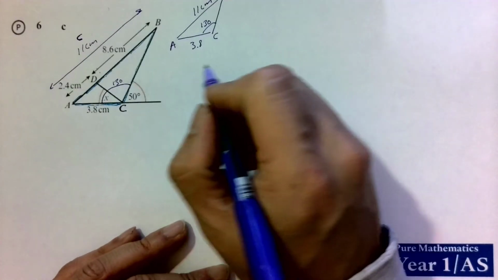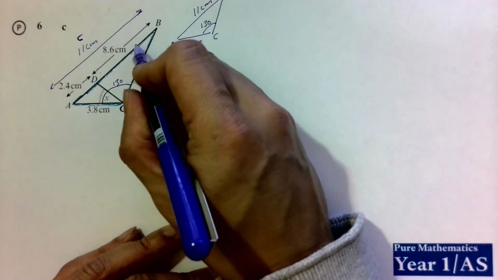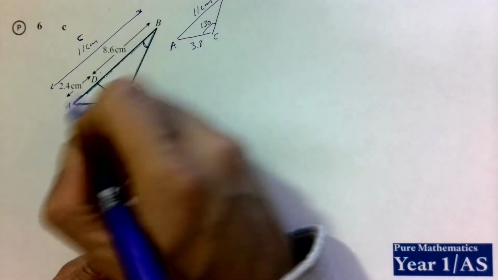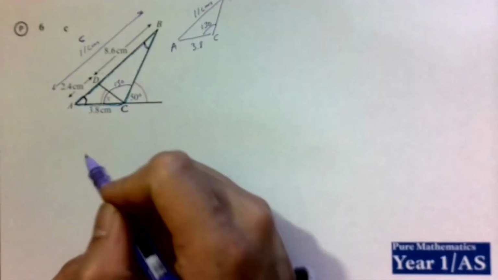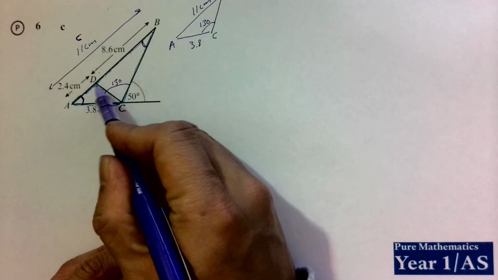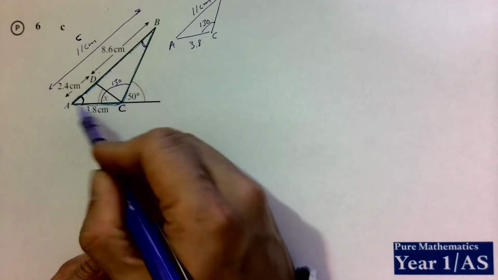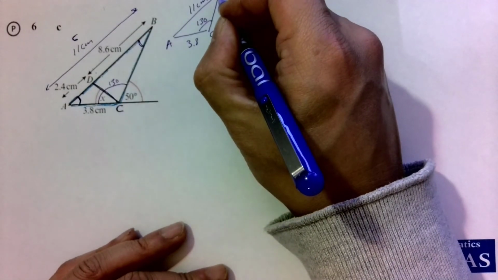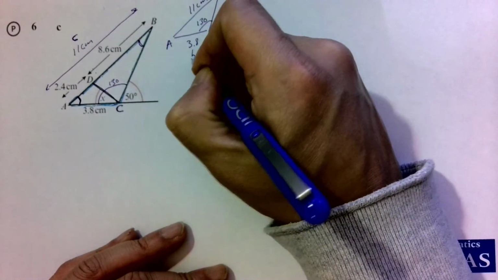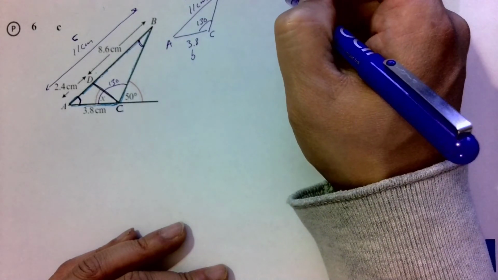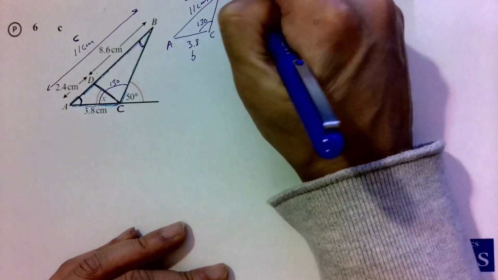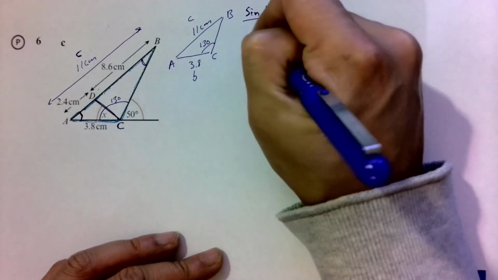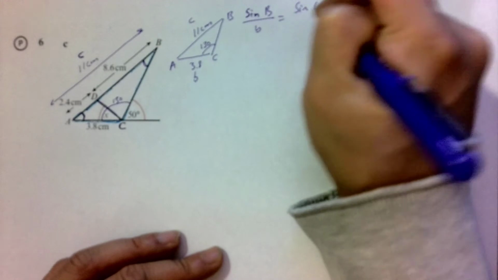Now if we find the size of angle B here, we can find the size of angle A. Using the sine rule, we know little b is 3.8 and little c is 11. So sine B over b equals sine C over c.